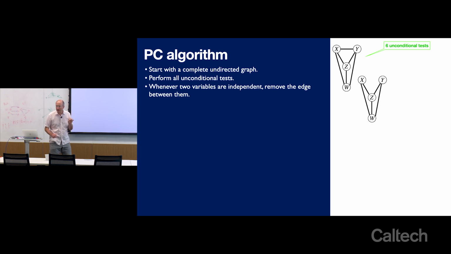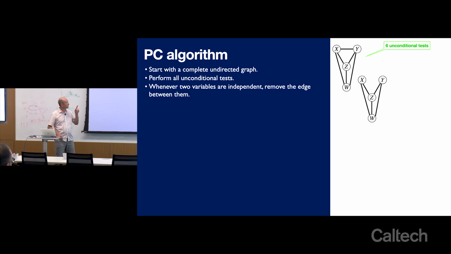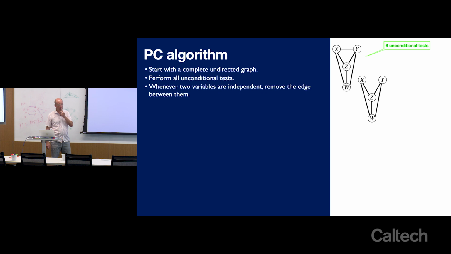So what the PC algorithm does, it does not perform that inference just yet. It just takes out the direct edges between the two variables if it sees an independence.